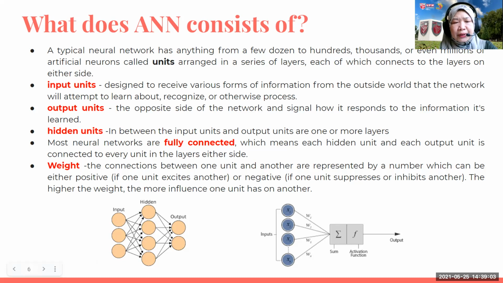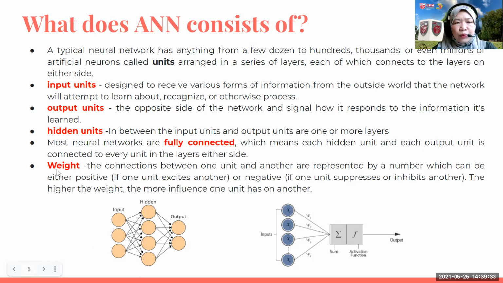For example, 2 by 2 times 3 by 3, your output should be 2 by 3. So the input should match the output, because everything will be multiplied using the matrix concept.